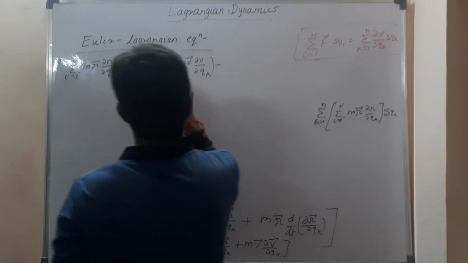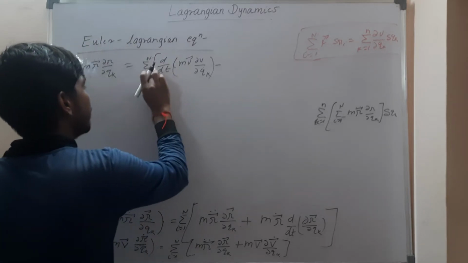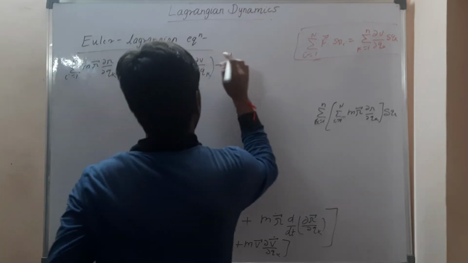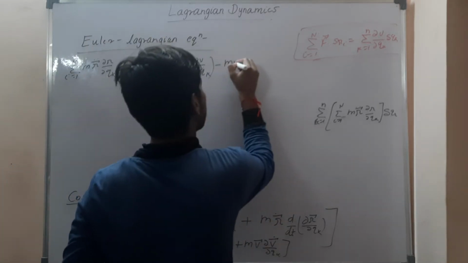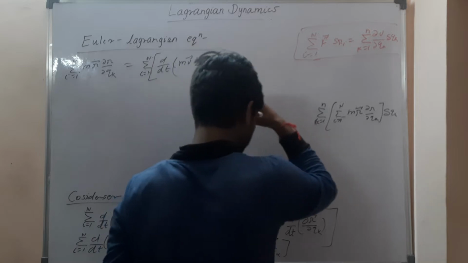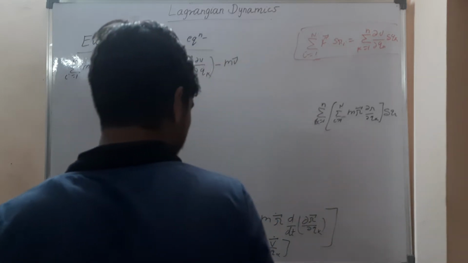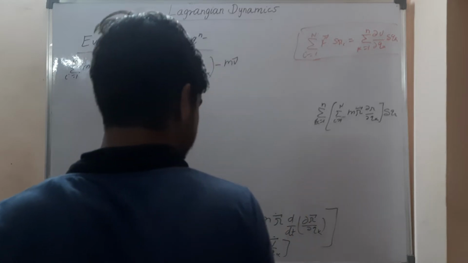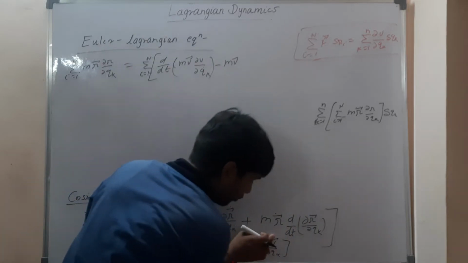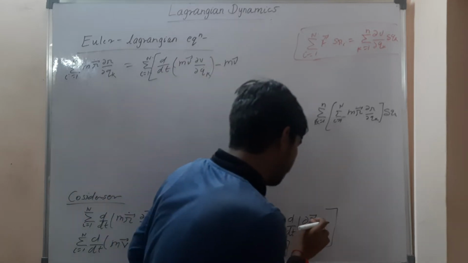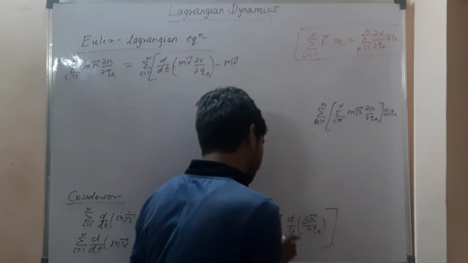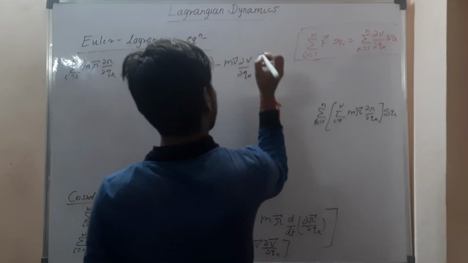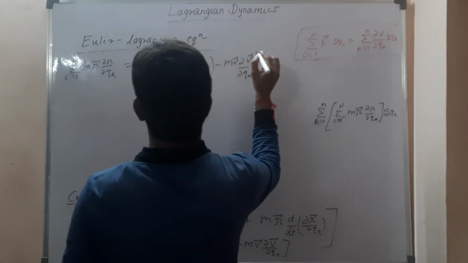minus, I will keep a bracket here, so sigma, that sigma means addition, this symbol comes out common, and it will be mv vector dot, okay, here the dot we want will be there, it will be d by dt of r, so r dot we can write as v, so it will be like this, ∂qk of v.